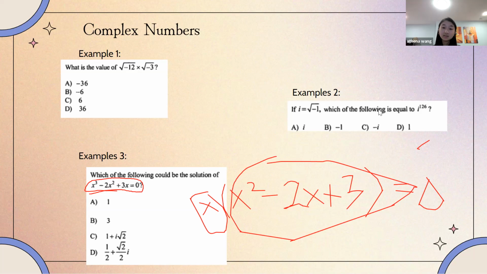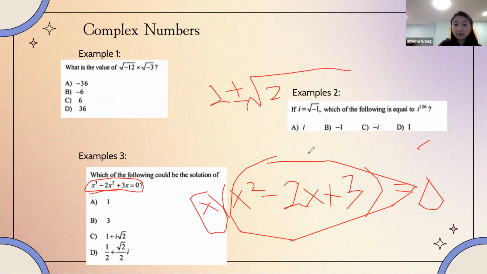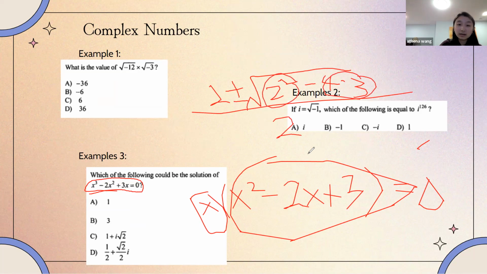So by using the quadratic formula, we have 2 plus or minus the square root of 2 squared minus 4 times 3, over 2. Okay, and 2 squared minus 4 times 3 is equal to -8. So we have 2 plus or minus the square root of -8 over 2.